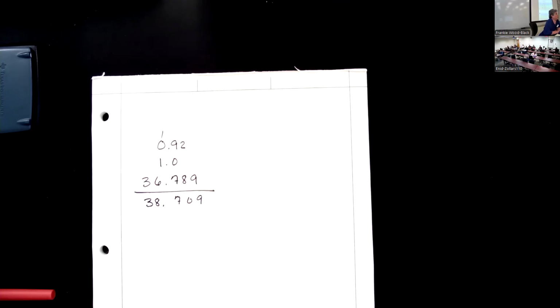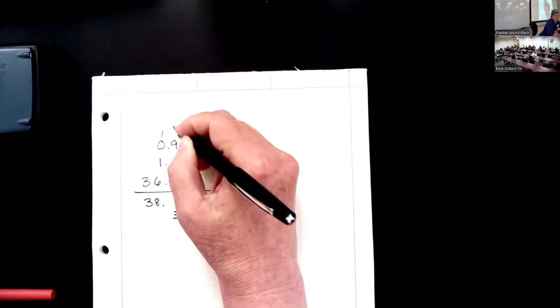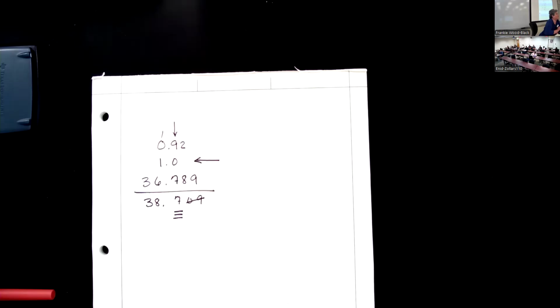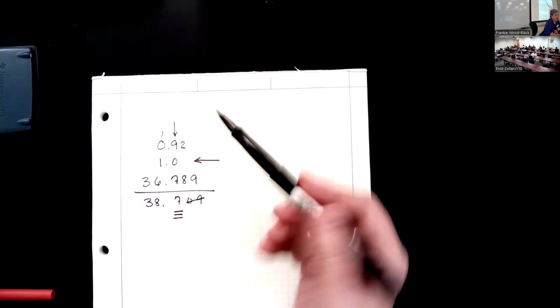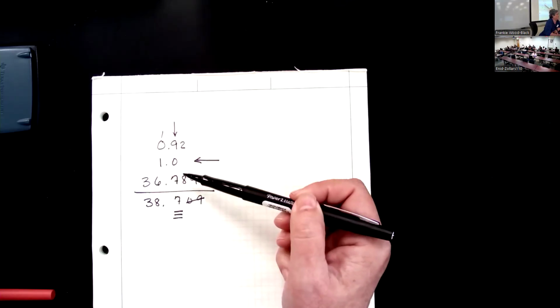I cannot report that number. I can only report to the same lowest common decimal place, and so I can only report to that. This is with addition and subtraction.